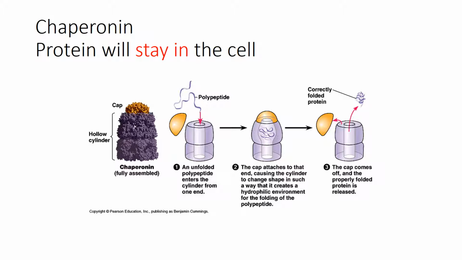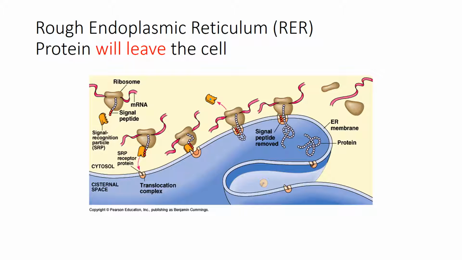However, if that polypeptide is bound to be exported out of the cell, then instead of being translated on a free-floating ribosome in the cytoplasm, it will hook up with a ribosome in the cytoplasm, and that ribosome will then be targeted to end up on the rough endoplasmic reticulum, and there it will produce the protein inside of the endoplasmic reticulum.